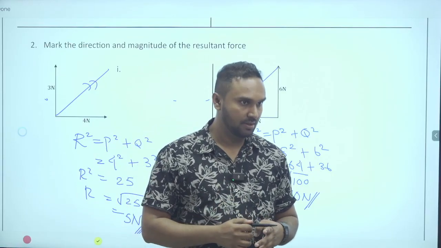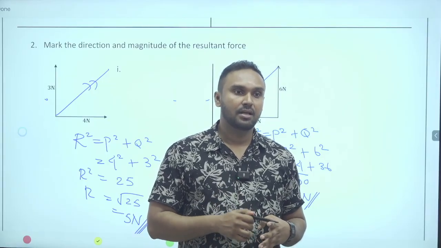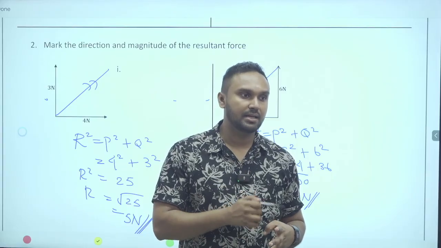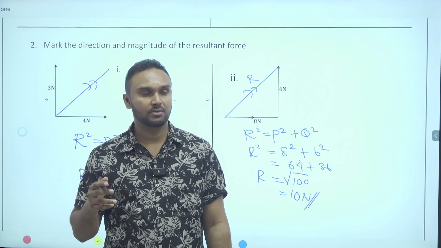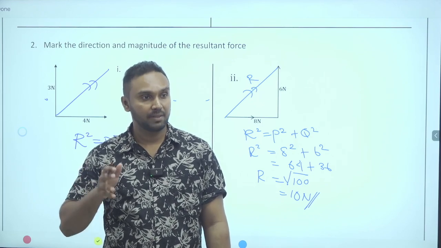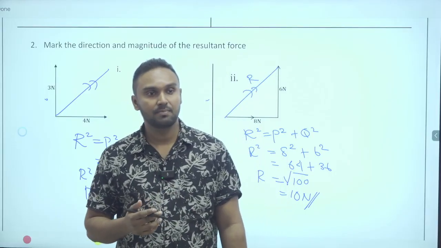Because in structured essays or essays you have to apply the formula. There will be separate marks for applying R squared equals P squared plus Q squared. If you didn't do that, you will lose the marks.